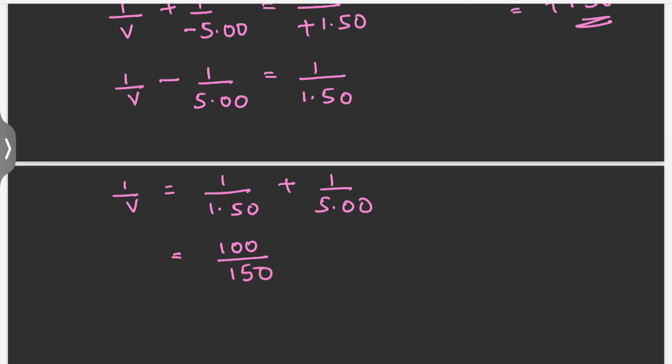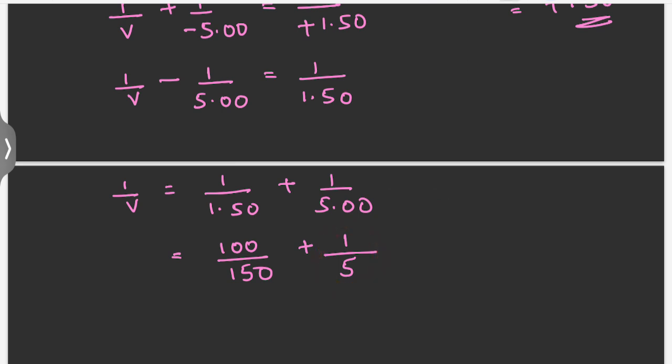Is that clear? We have removed this decimal. To remove the decimal, after the decimal, how many digits are there? That many zeros you have to put in the numerator. So plus 1 by 5. 5.00 is nothing but 5. After the decimal, if there are zeros, you can just leave them. So it will be 1 by 5.